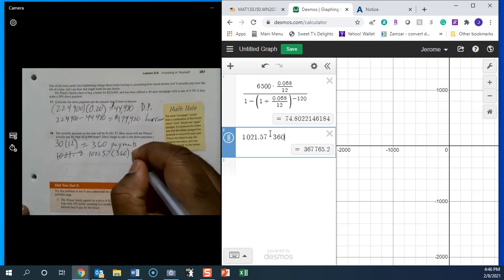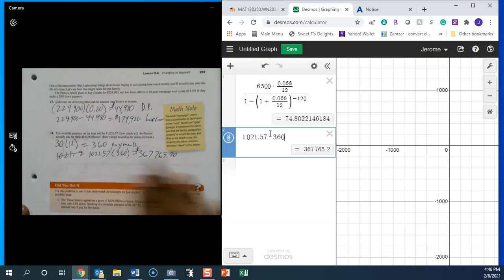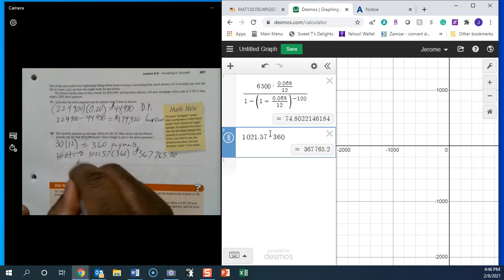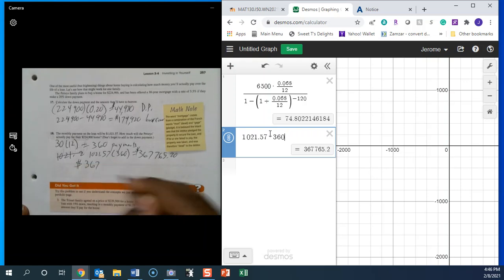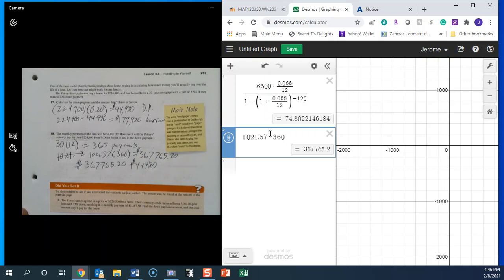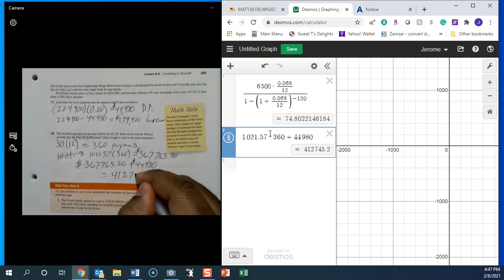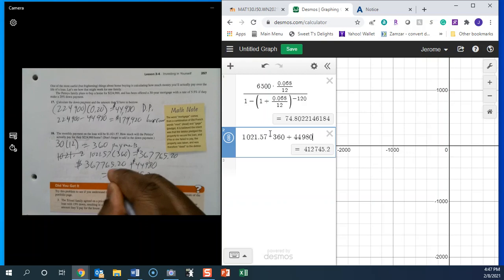So this will give us $367,765.20. Now remember, these are the monthly payments, but to get what they totally paid, you have to take this value here and add the down payment as well. So when you add all of that together, that gives us $412,745.20.